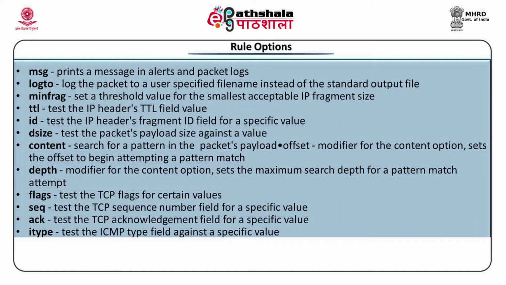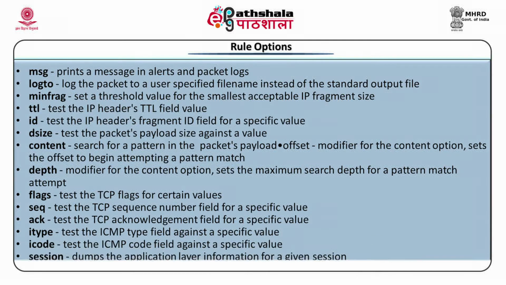So if ICMP type is 3, there are certain ICMP codes related to it. For example, ICMP type 3 is could not deliver the message, host unreachable. Host unreachable can be because of various reasons. Either the host is down, host is up but not listening, or the network is down, or some other reason.